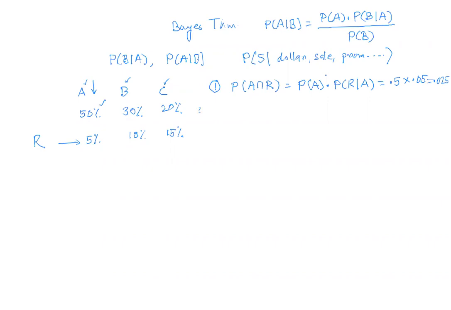In the next part, the problem asks you, what is the probability of, in general, having a reservation problem? That is something you need to think about a little bit.